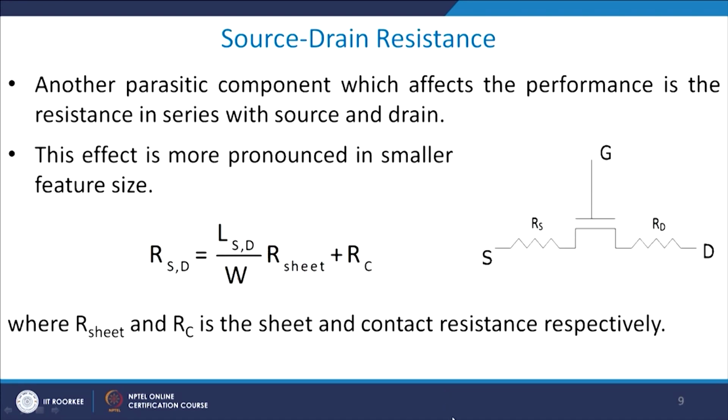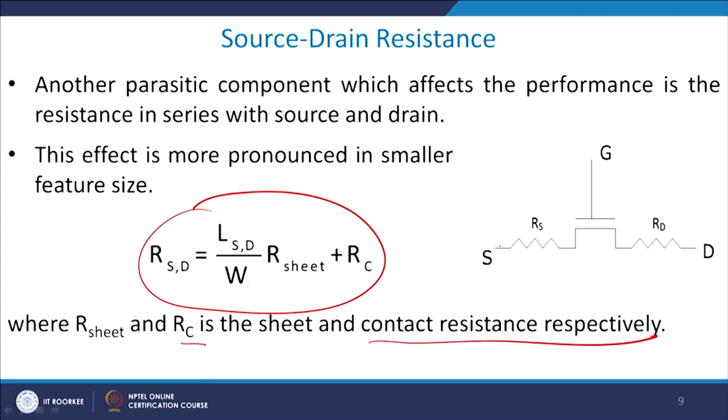RS and RD are given by LSD divided by W into R sheet, plus RC, where RC is the contact resistance, which is the resistance between the contact and the semiconductor, and R sheet is the sheet resistance of the device. You need not worry from where we are getting this formula or how it will be used. At this stage it is enough to understand that there will be some finite resistance between source and drain when the device is working either in saturation or in the nonlinear region of operation.